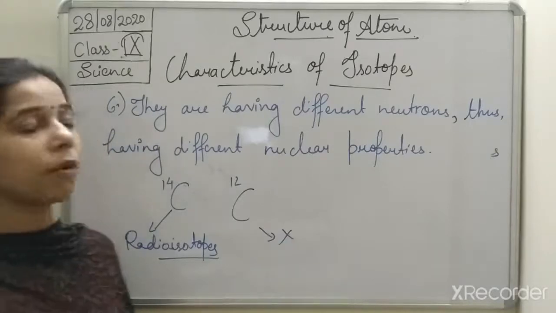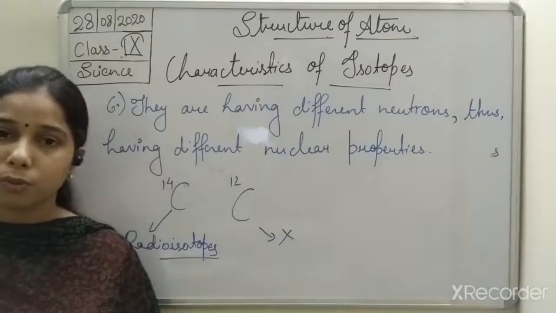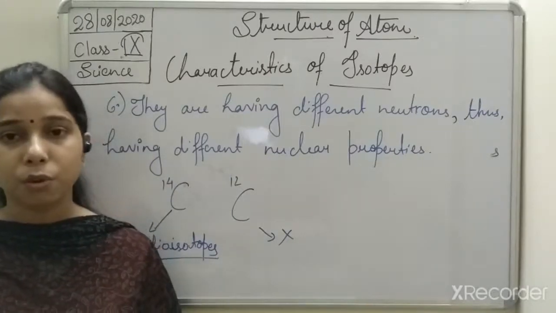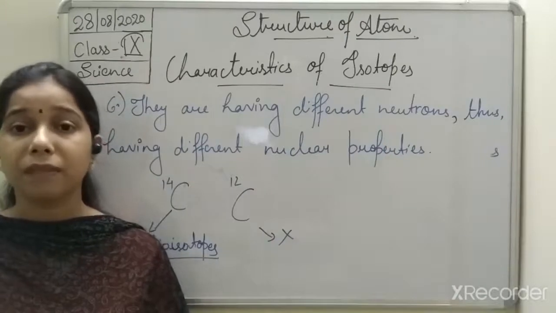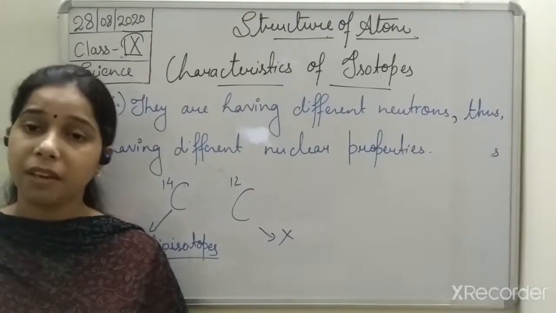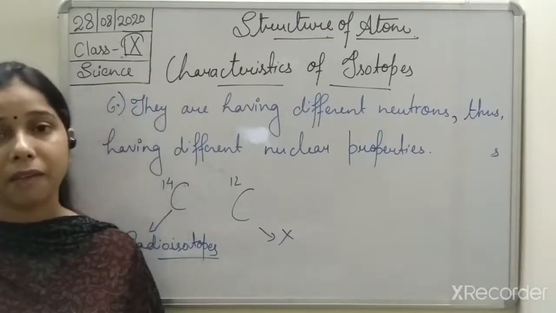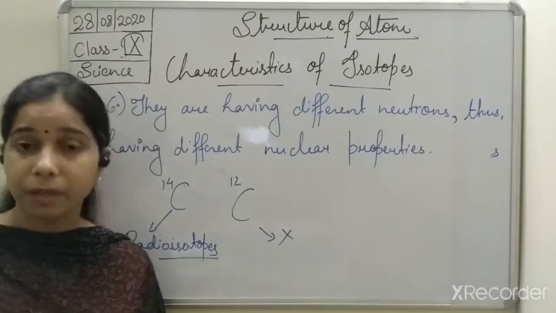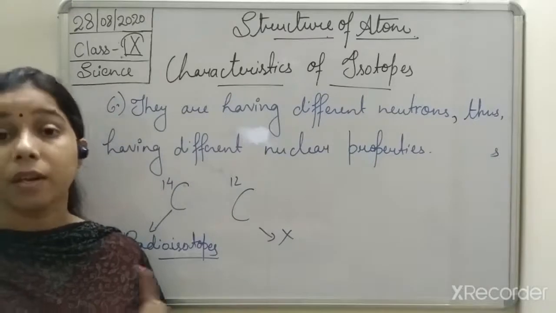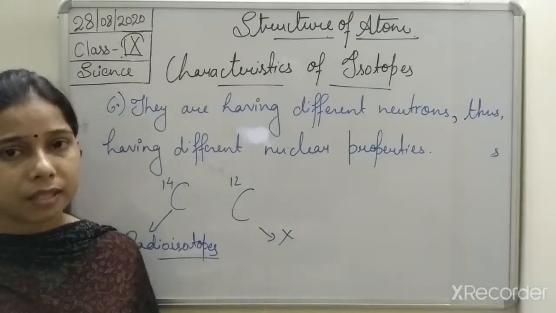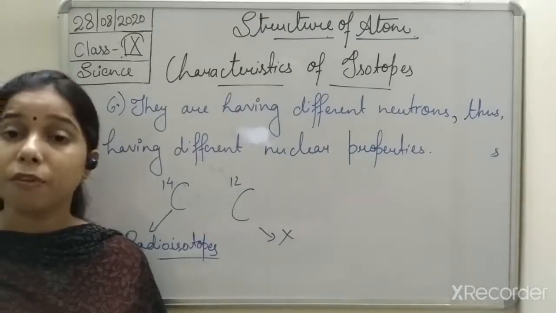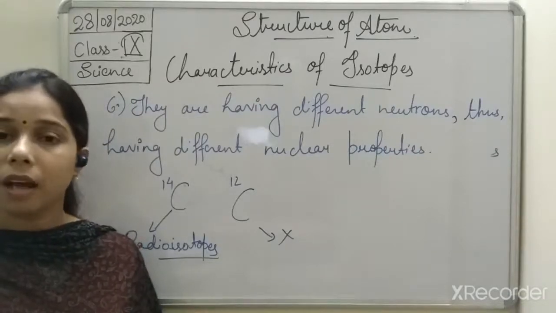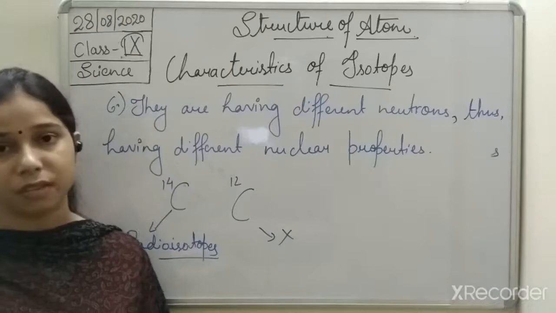So these are some of the characteristics of the isotope, students. Let me remind you again. The first characteristic of isotopes is that they all have the same atomic number. If they have the same atomic number, their chemical properties also remain the same. Also, the number of protons and electrons is the same, and thus they have a similar electronic configuration.